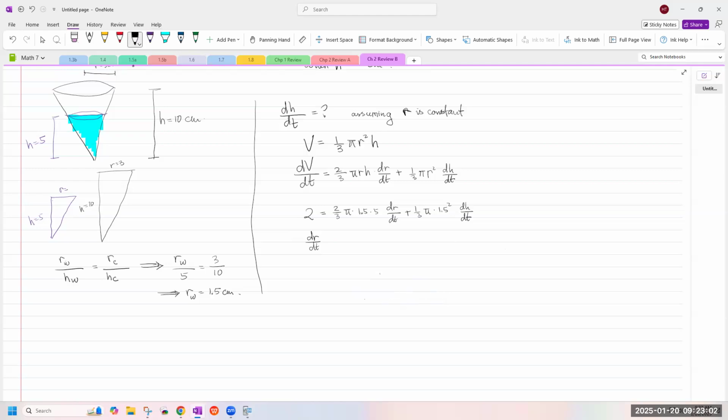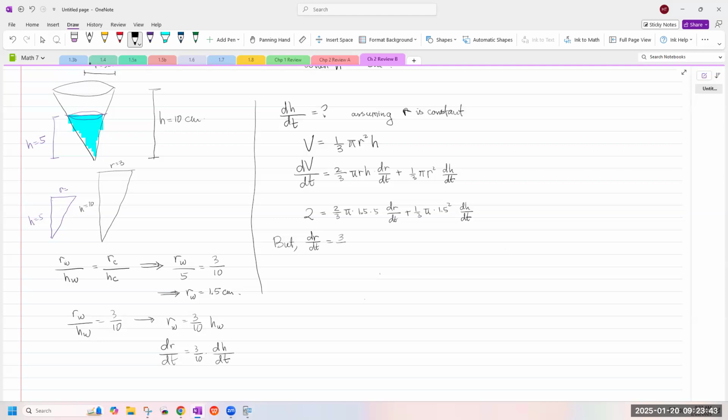What I know from here is that the radius of the water over the height of the water equals 3 over 10. In other words, the radius of the water equals 3/10 of the height of the water, right? So if I take the derivative of the radius of the water with respect to time, that will be 3/10 times the derivative of the height of the water with respect to time.